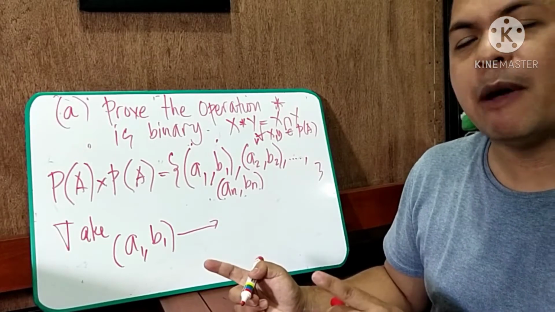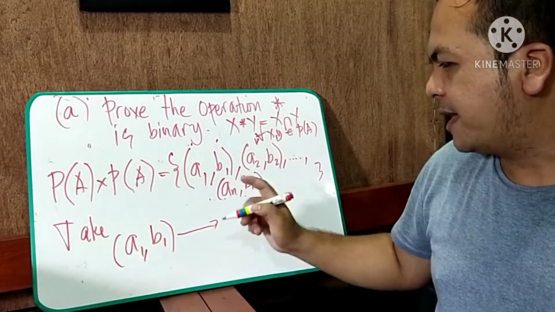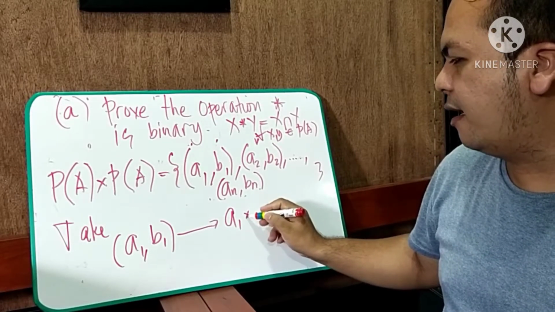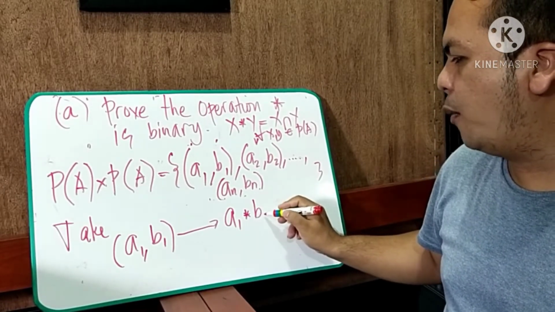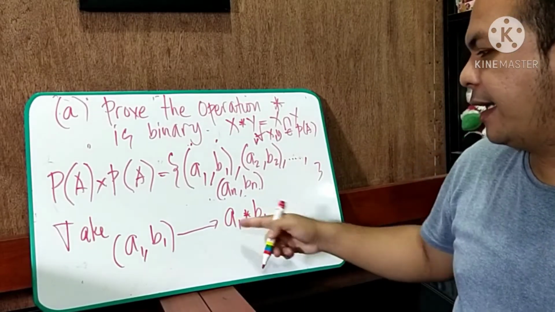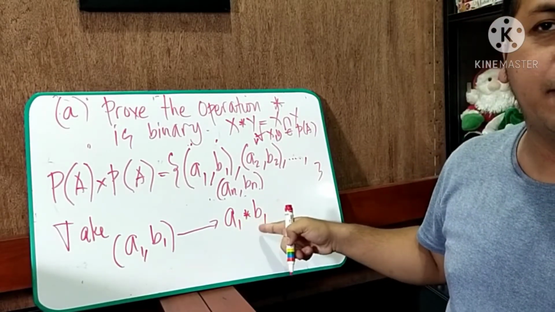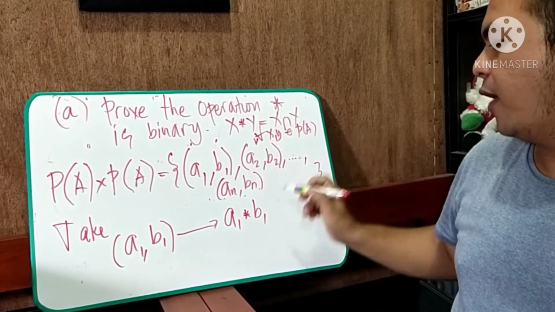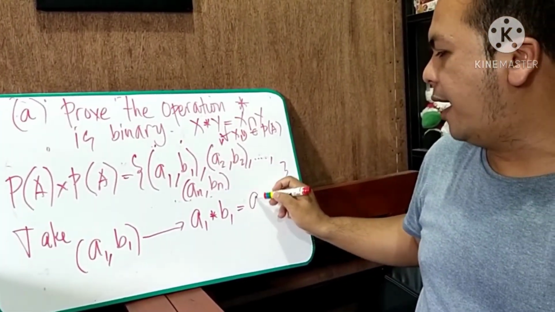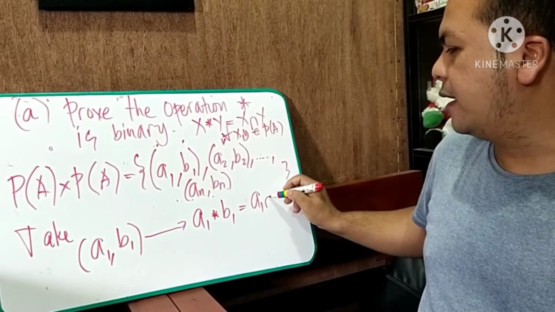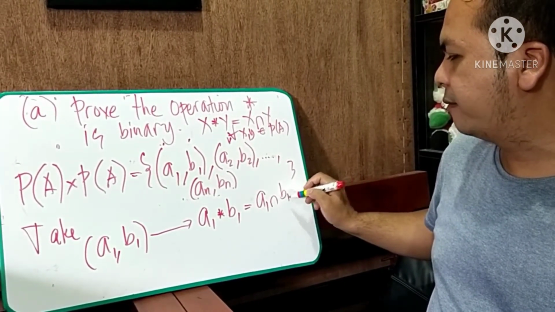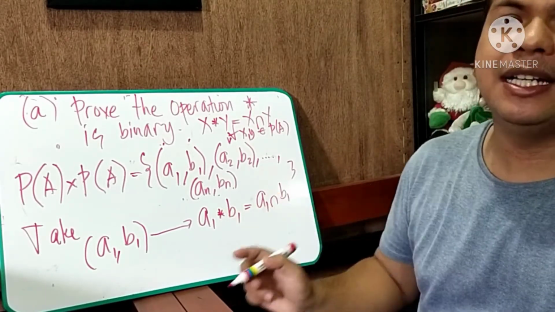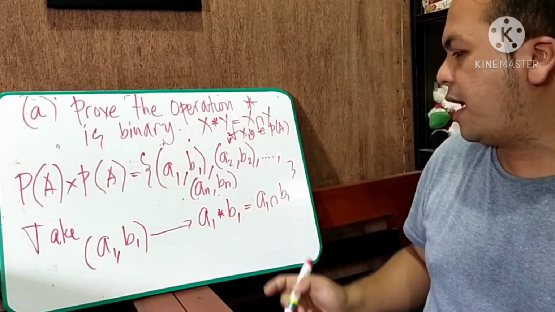Ano yung maging kamap nito sa A? So, ibig sabihin, meron tayong A1 star B1. And ang ating A1 star B1 as defined by this operation is meron tayong A1 intersection B1.